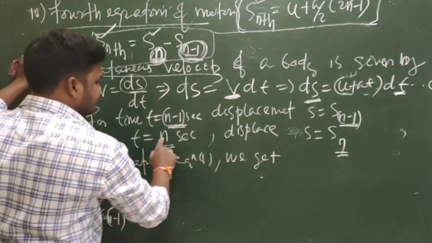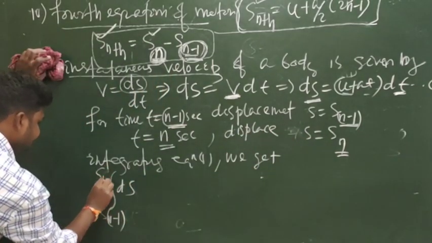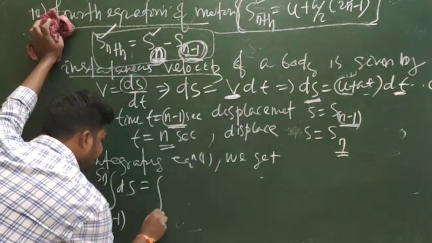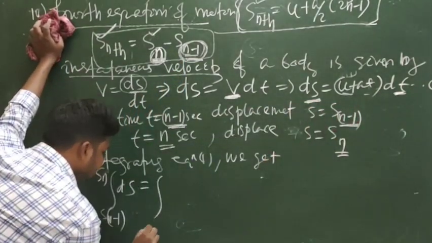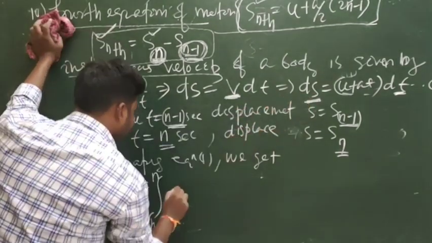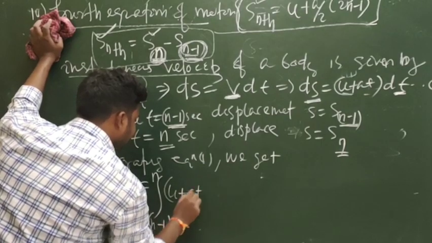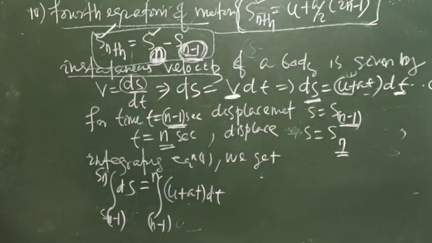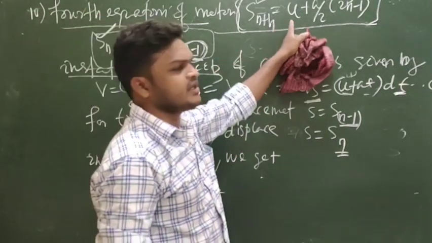Then final time n, so final distance s_n is equal to, in this case we integrate for time, initial time n minus 1 second to final time n, u plus at dt. Integrate this equation and solve this value to derive the final value.